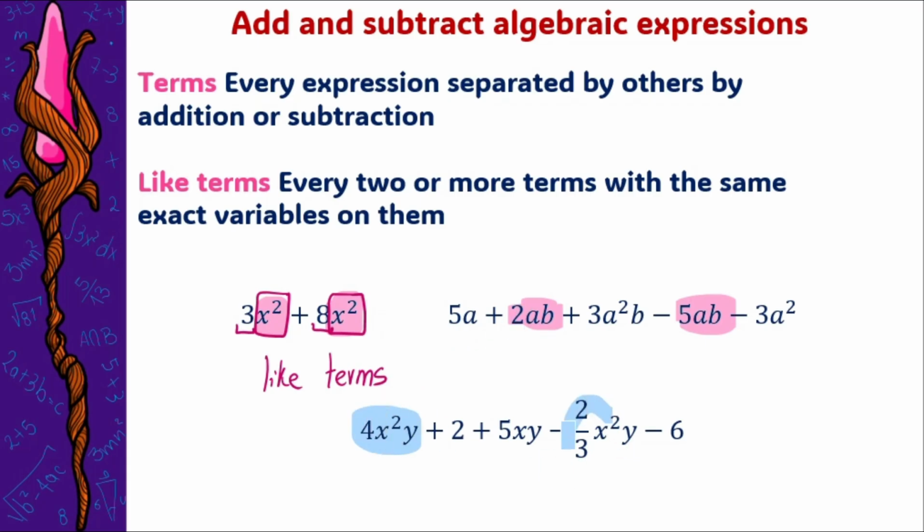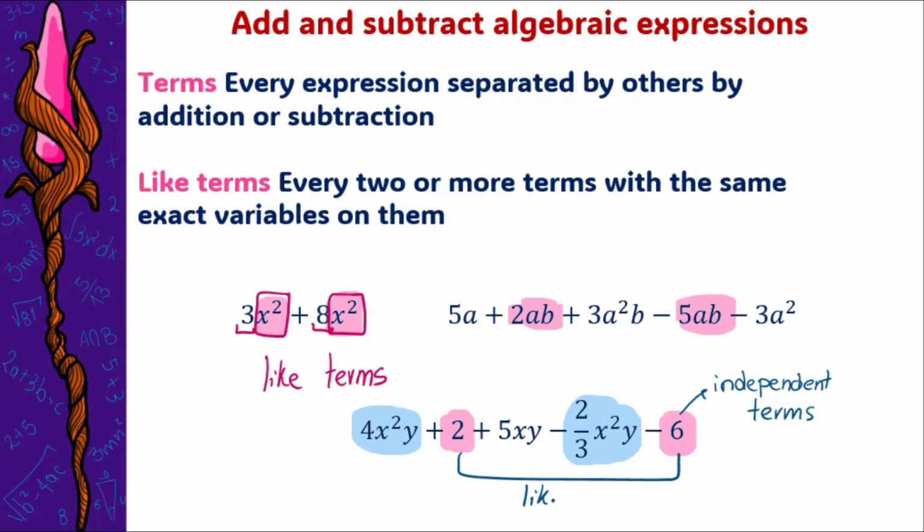It has this one and this term, so they are like terms. 5xy is alone because there's no other one that has the same variable part. But notice 2 and minus 6, they don't have any variable, so they are what we call the independent terms. And yes, they are like terms because they both don't have any variable.